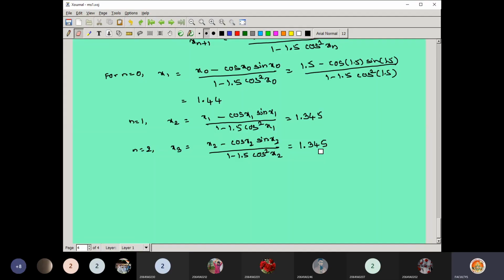Okay. 1.345 and sine is also 1.345, divided by 1 minus 1.5 into that cos value, cos of 1.345 close, and it is square button.